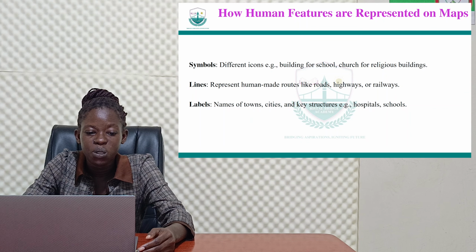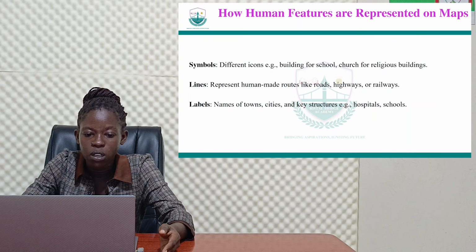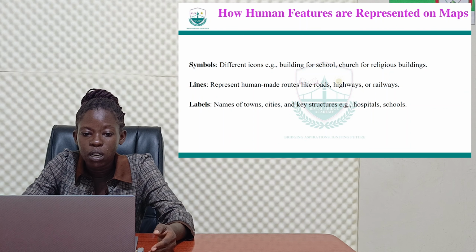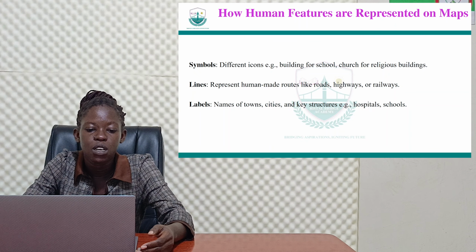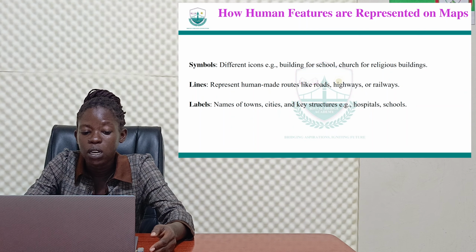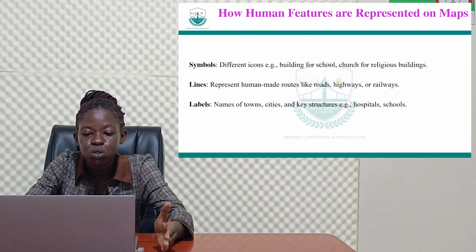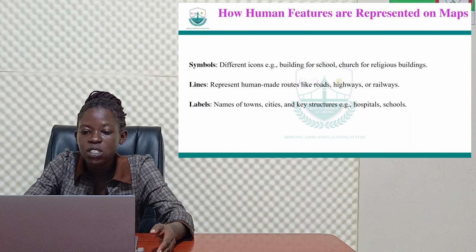These features can be represented in the form of symbols, different icons. They can also be represented in the form of lines, representing human-made routes like roads, railways, and airways. Human features can also be represented in the form of labels, names of cities, towns, and key structures like hospitals and schools. No need for you to draw a school as you've seen it in the physical.